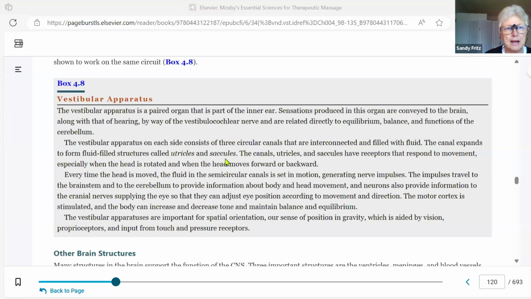The vestibular apparatus is in our inner ear, and how it relates to the brain. It's actually a mechanical system. It's little tiny pebble-like structures in a kind of viscous fluid in the parts of the inner ear.